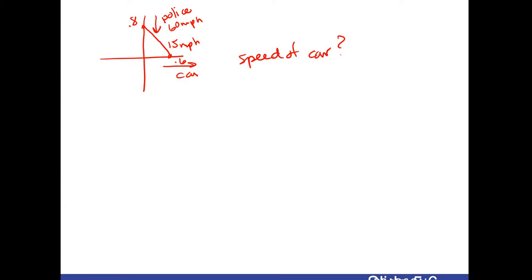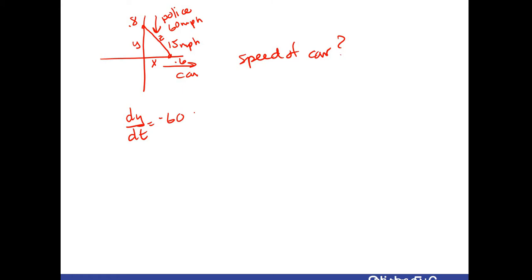So label some of the rates that you know and some of the rates that you don't know. Since this looks like an XY axis, I'm going to call this Y, this X, and this Z. So I know first of all that the police are traveling south, so dy/dt, since Y is decreasing, is negative 60.